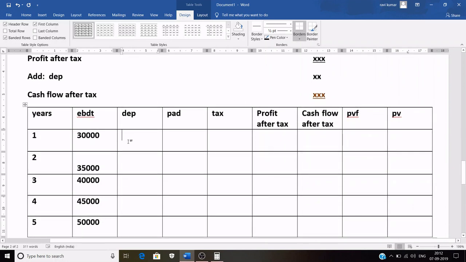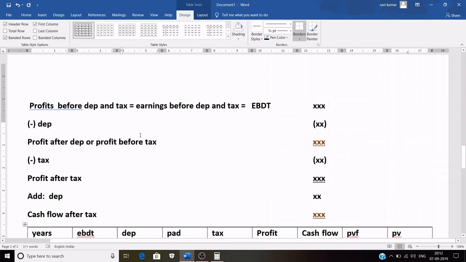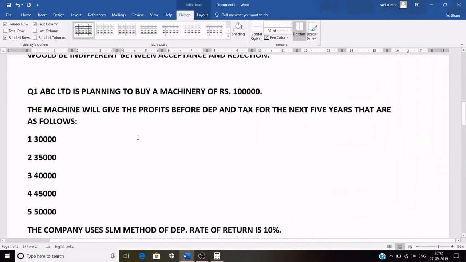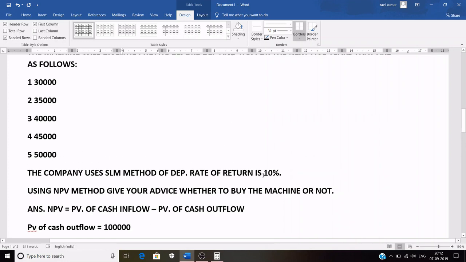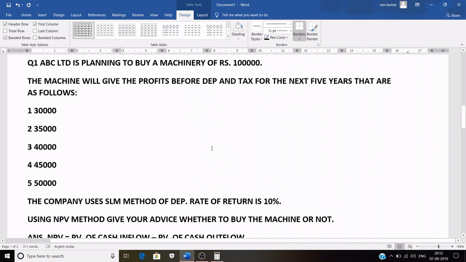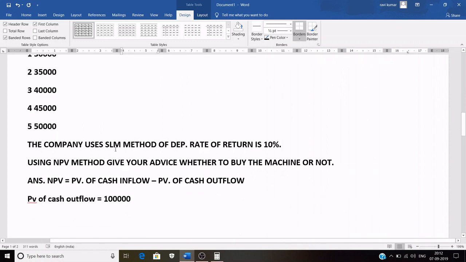So in the second step we have to calculate depreciation, but remember that we don't have any depreciation rate given in this question. The rate of return is given, but this is not our depreciation rate. So how to calculate depreciation? We can calculate depreciation because the company uses the SLM method.